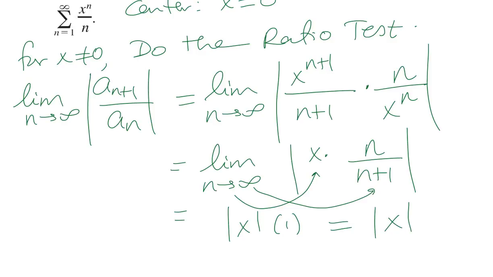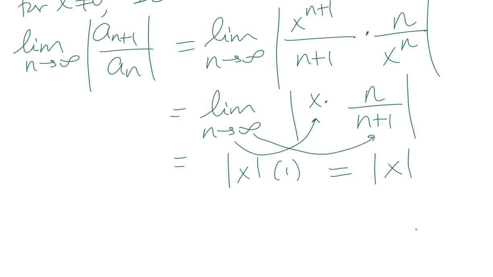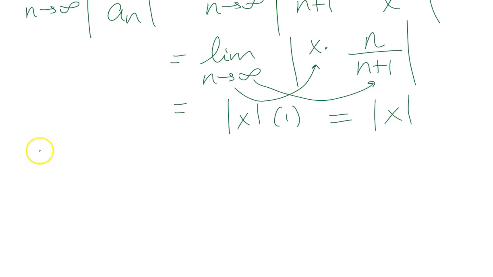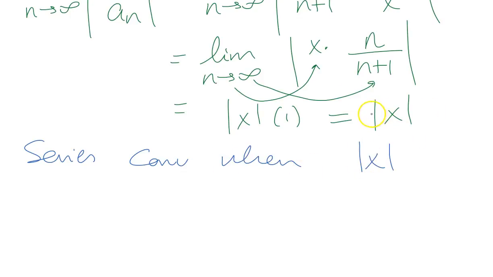What does the ratio test tell you? The ratio test tells us that a series is convergent if the limit of the ratio is less than 1. The limit of the ratio is the absolute value of x in this case. So the series converges when the absolute value of x is less than 1.